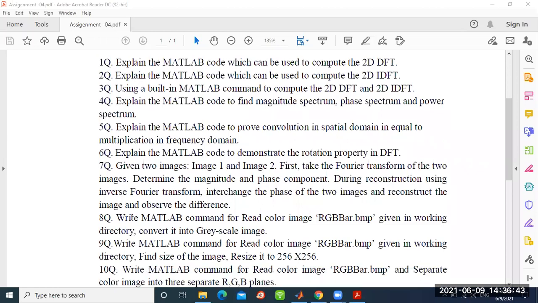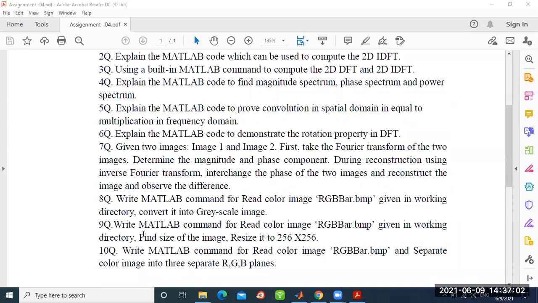Then program number 8: we will write a Matlab program to convert an RGB or color image to a grayscale image. Then we will run the Matlab command for resizing an image. We want to reduce the size of the image, basically the pixels.